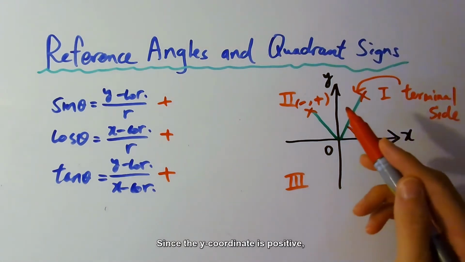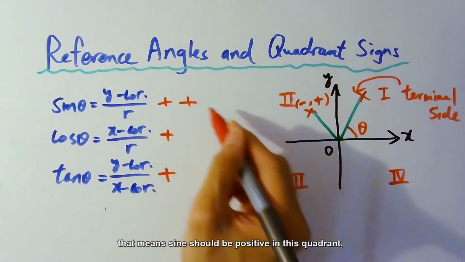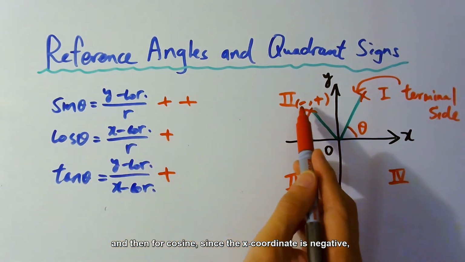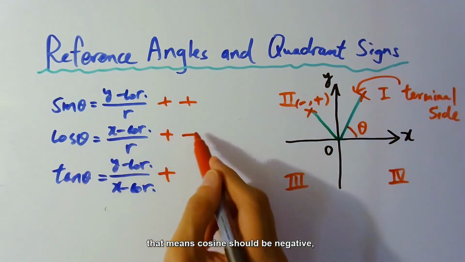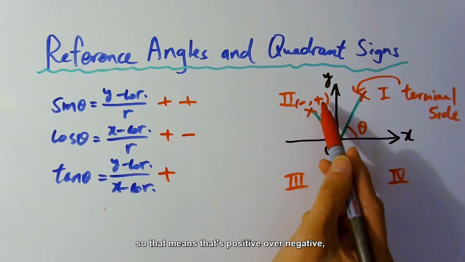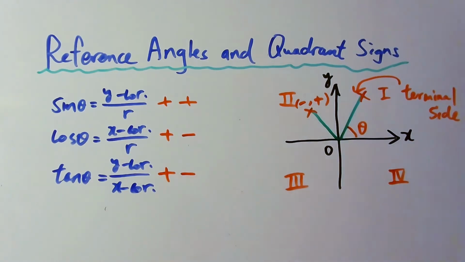Since the y-coordinate is positive, that means sine should be positive in this quadrant. And then for cosine, since the x-coordinate is negative, that means cosine should be negative. And tangent is y over x, so that means that's positive over negative, which will result in a negative number.